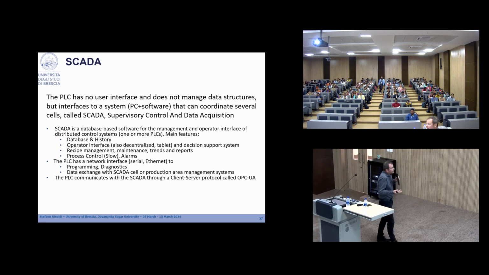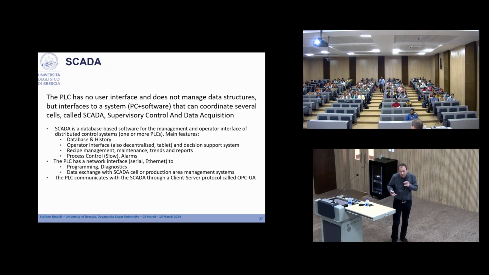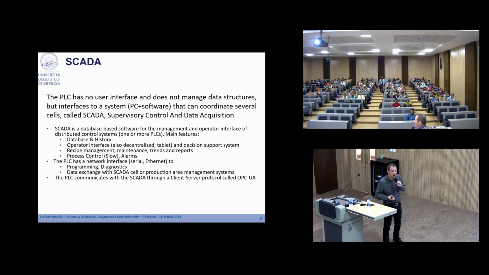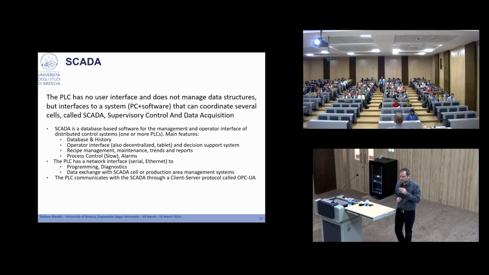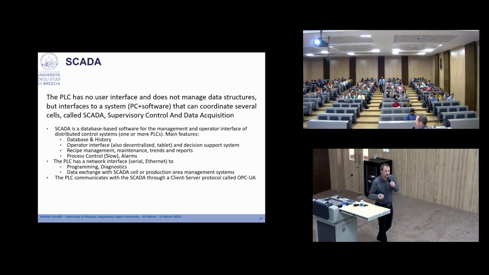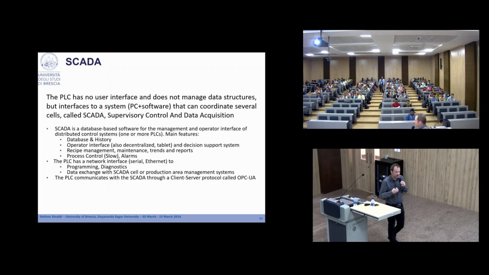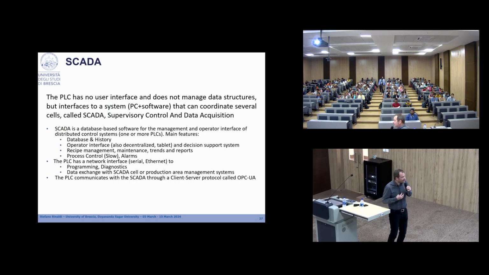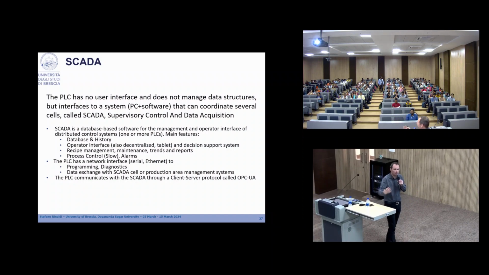The SCADA system basically is a PC, an industrial PC, whose task is to acquire the information from the PLC, to keep this data in a local database, and to show this information to a local operator, to a man that supervises the system.